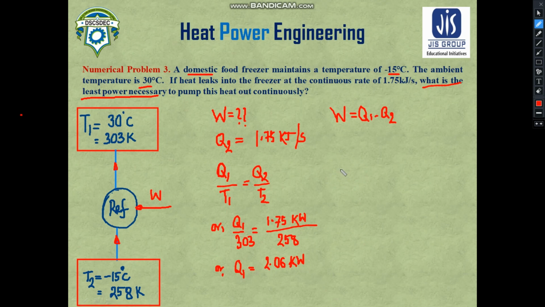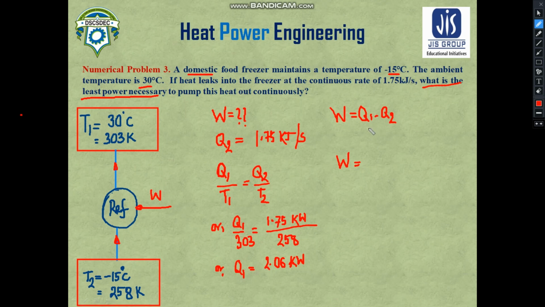Now the question is to calculate the least power. So remember why we are able to use this formula: in the question it has been asked to find the least power, and to find the least power we must understand that the process should be reversible. This is a very important concept you must understand.